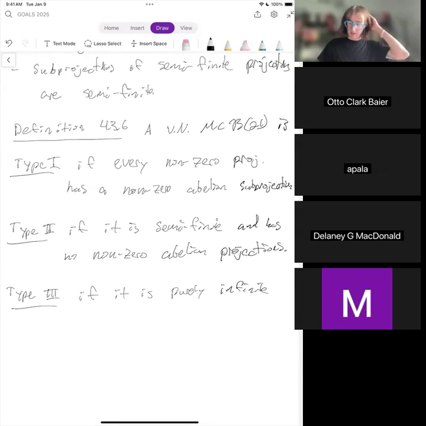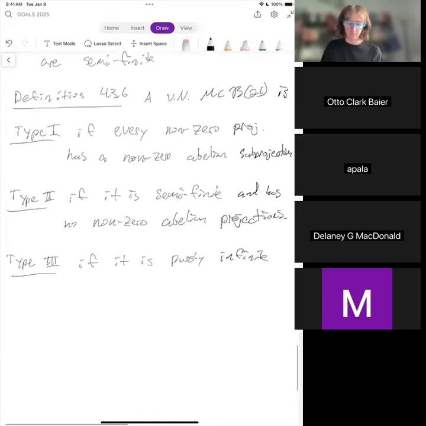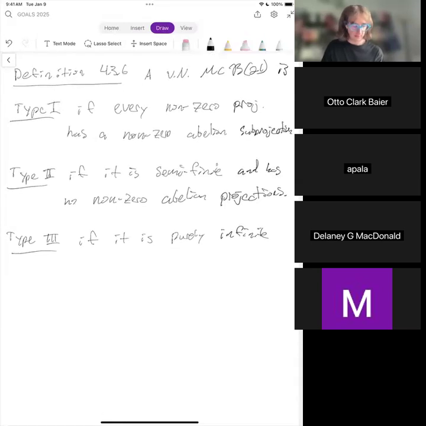And just remember that we're saying a von Neumann algebra M has these properties if the identity operator, the 1 inside M, has these properties. And so let's give some examples of these three types of von Neumann algebras. So an abelian von Neumann algebra is type 1.